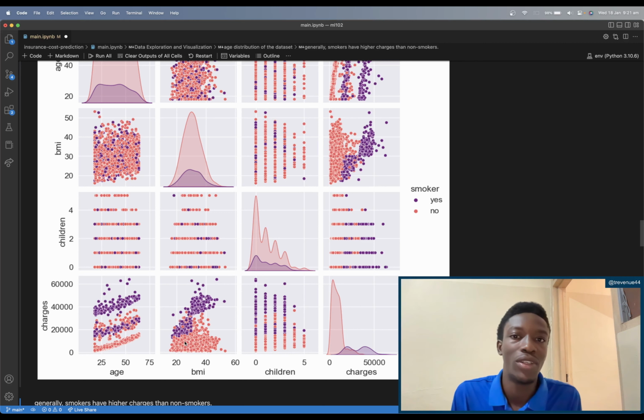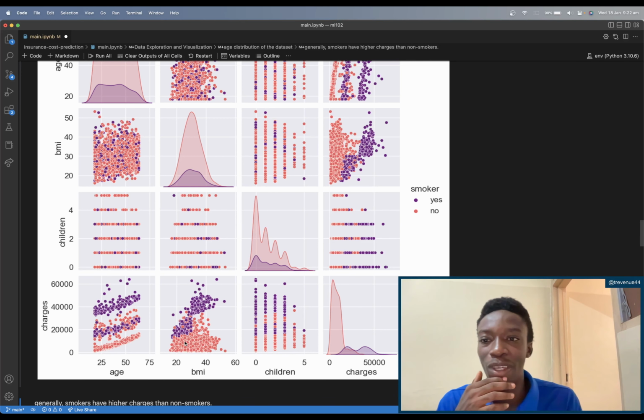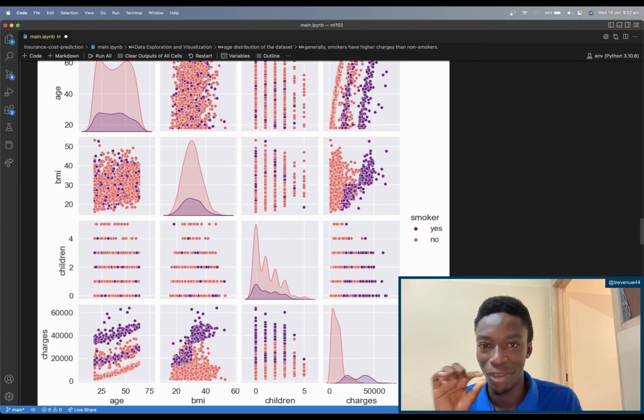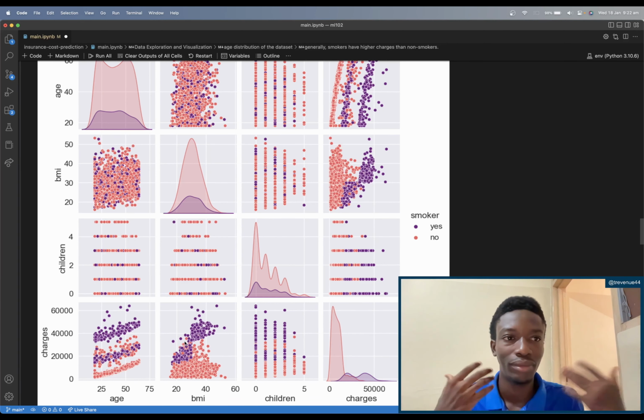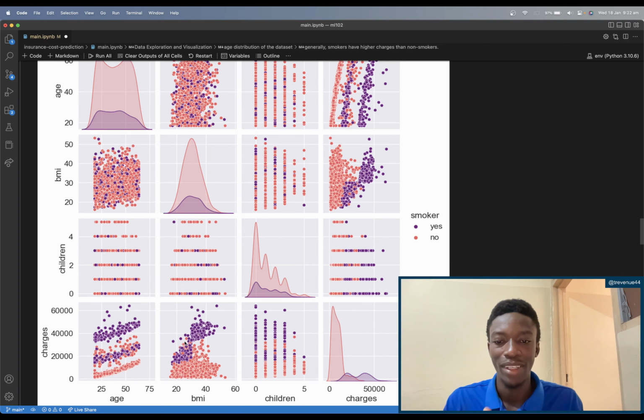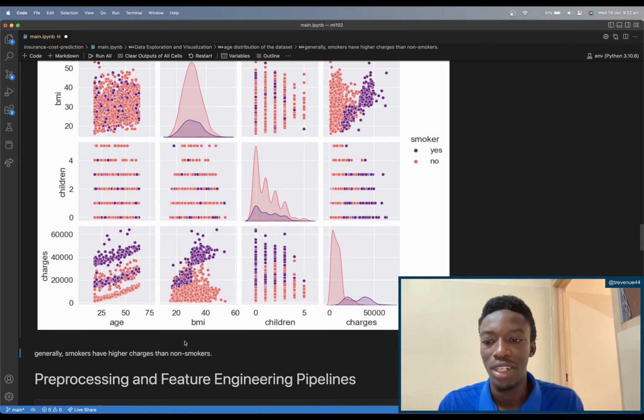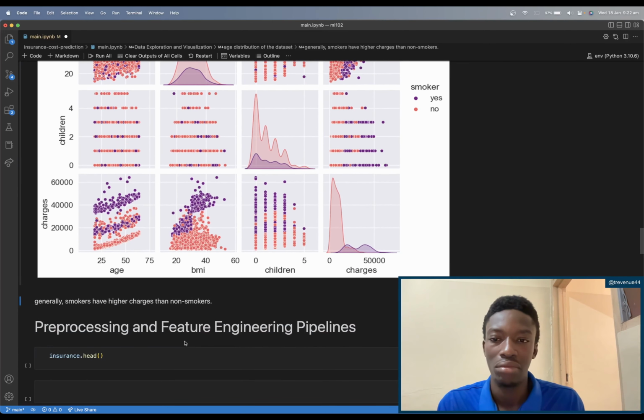And it makes sense, because if you are a smoker and you are old, by the time you are old, your lungs are probably destroyed or damaged, so you won't really have good functionality of your system. So you require more medical attention. As such, your medical insurance will be more costly. That makes sense to me, that there is this kind of relationship.